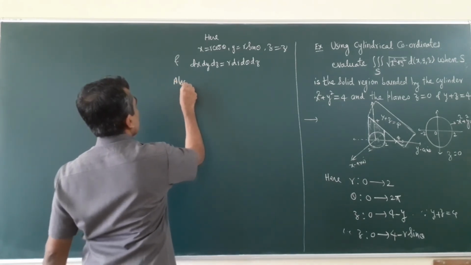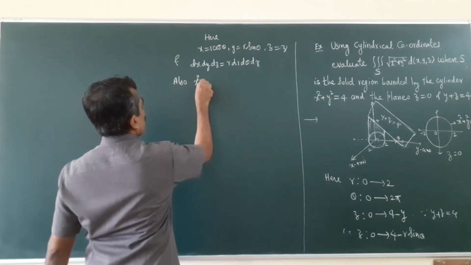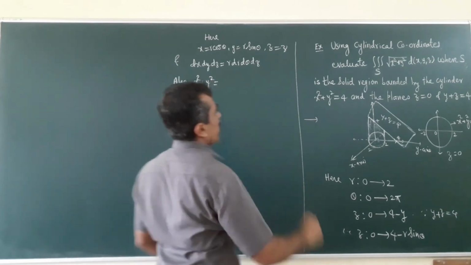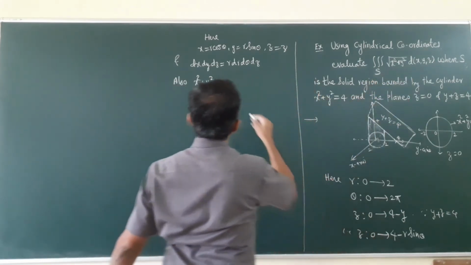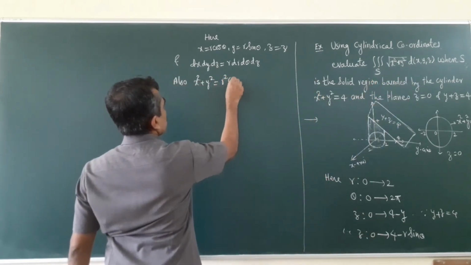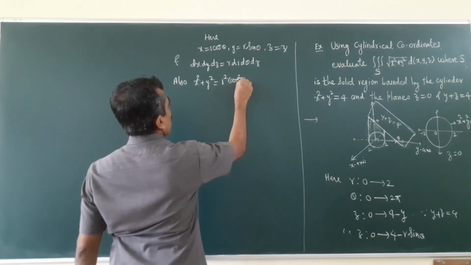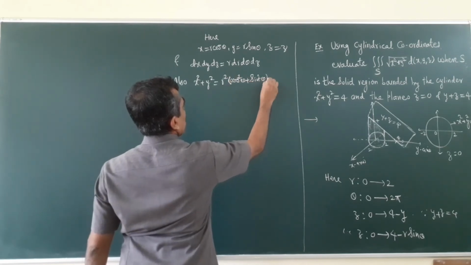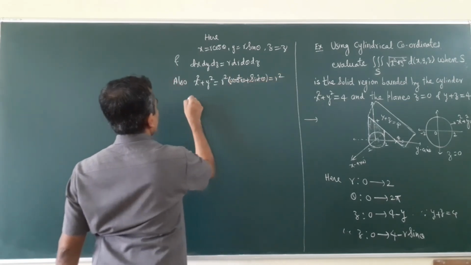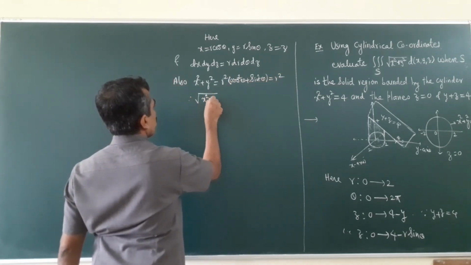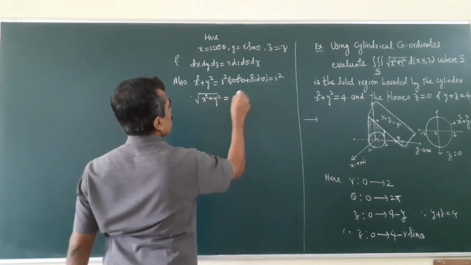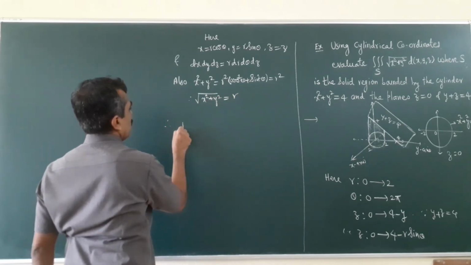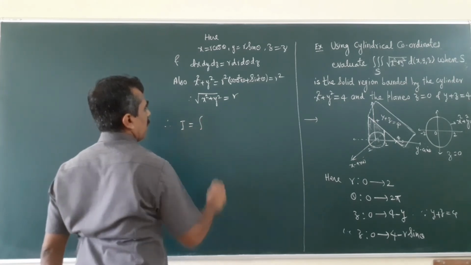Also, what is x square plus y square? Because my integrand consists of it. So x square plus y square is r square into cos square theta plus sin square theta, so that is r square. Therefore root of x square plus y square is r.